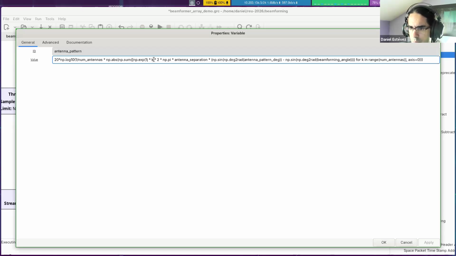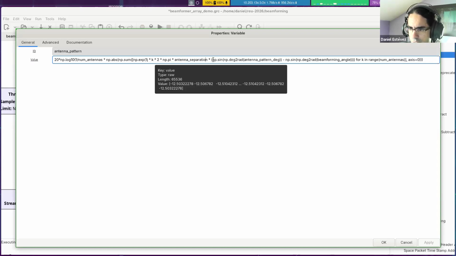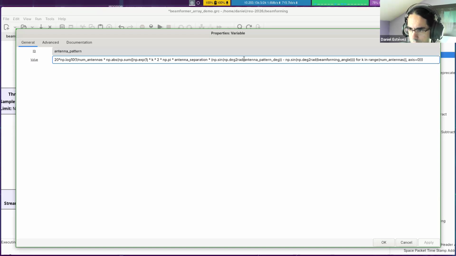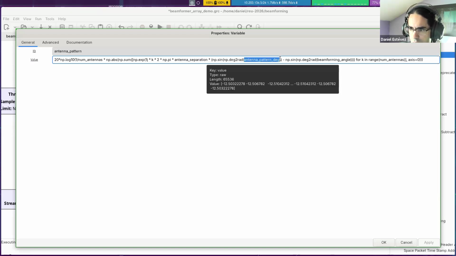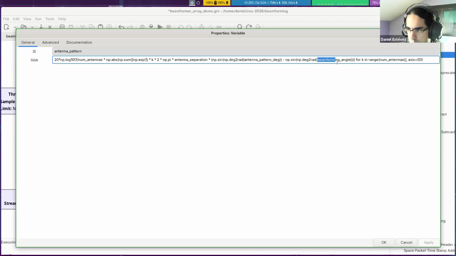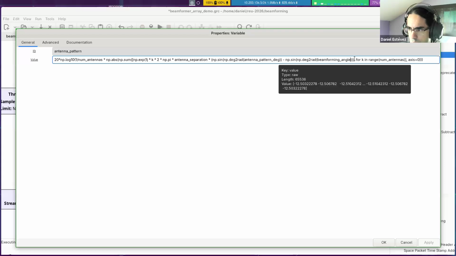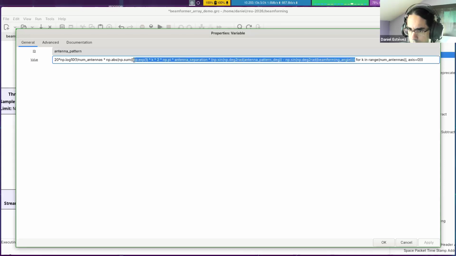It is 1j times the number of the antenna times 2 pi times the antenna separation times the difference of the sines, where one is the direction from which the source is coming, and this is going to be an array which sweeps a range of directions so that we can plot something depending on direction. And then this is the fixed beamforming angle that we have selected. So that would be the quantity, like the phase we get at each of the antennas after the phase compensation that is applied by this beamforming angle.